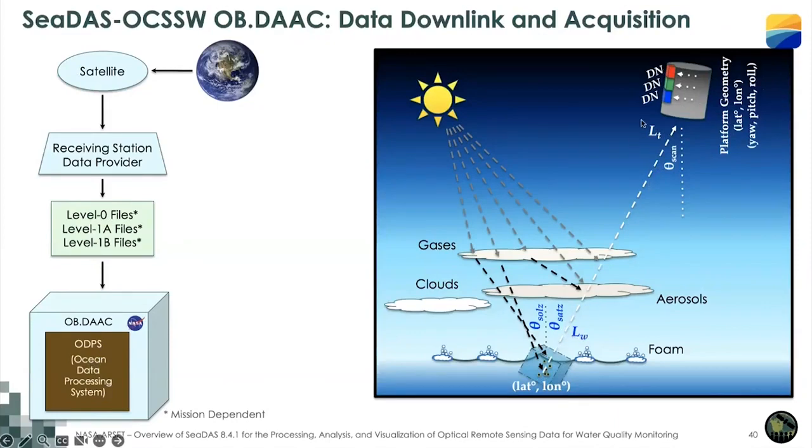You have the water leaving radiance and the top of atmosphere radiance. You have your scan angle, your satellite zenith angle and solar zenith angle, and the fact that the sun is reflecting off clouds and aerosols, and you have the foam. So it gives you a good picture of the complexity of what needs to be done.